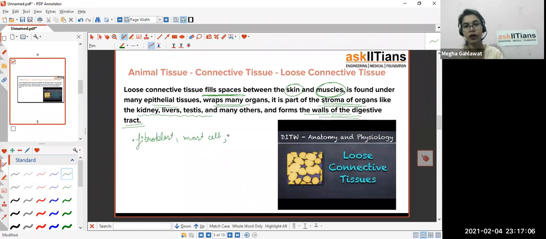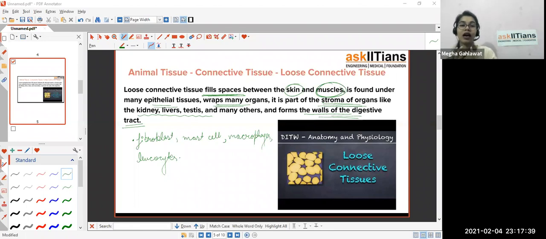Mast cell, macrophages, and leukocytes. Important thing about all of these is that the mast cells are responsible for secreting multiple chemicals into our blood, which help in the coagulation of the blood, and which act as anti-inflammatory substances.